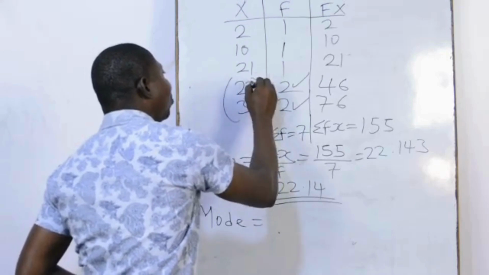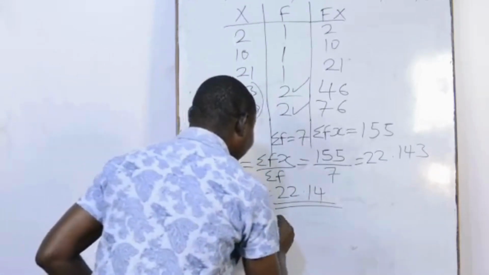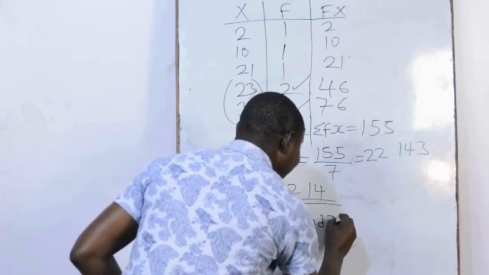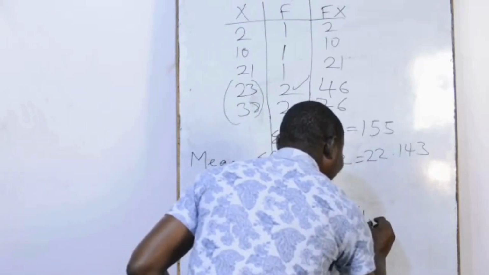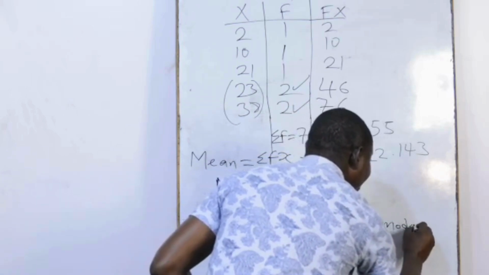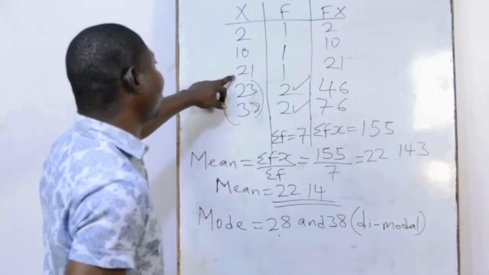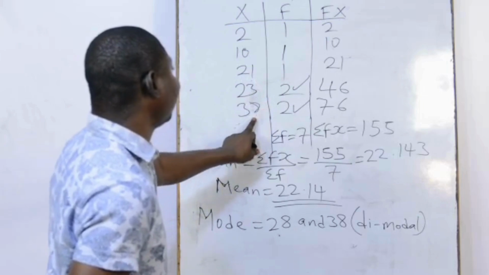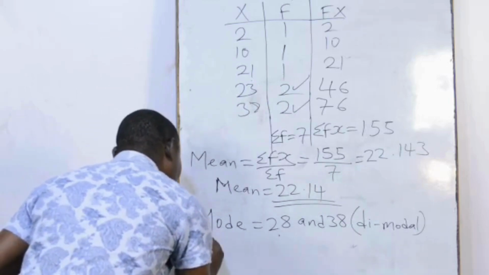So our mode will be 23 and 38. We call this bimodal, because we can see 23 and 38.